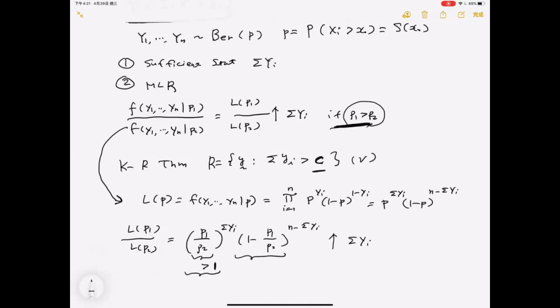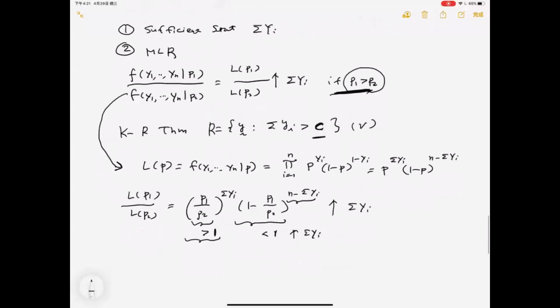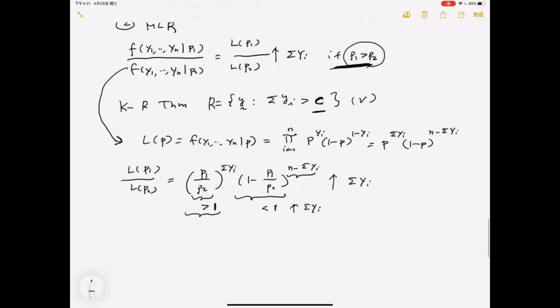This one is smaller than y, but when n gets larger, this also increases as a function of summation yi. So both are increasing functions of yi. That means they satisfy the MLR property, the monotone likelihood ratio property.